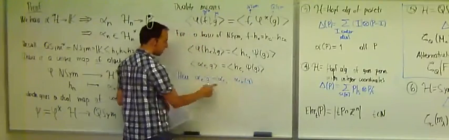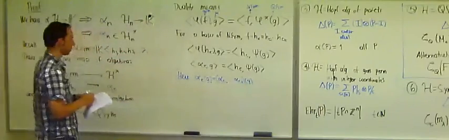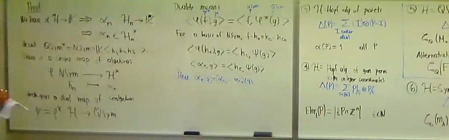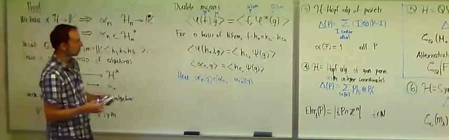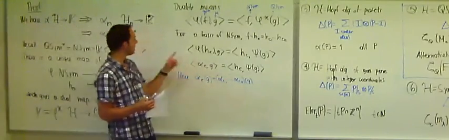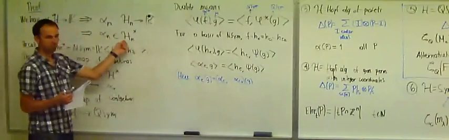So alpha C is the product of the different alphas. But where is this product taking place? Well, you see, this alpha C1 up to alpha CK, they're actually elements of H star.